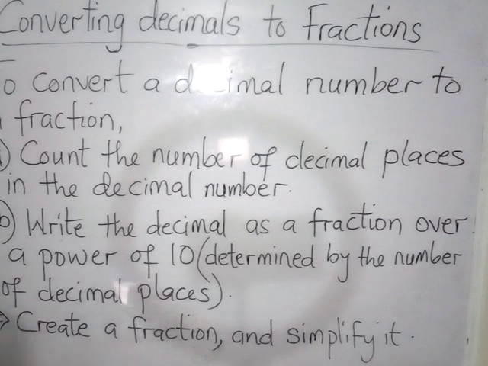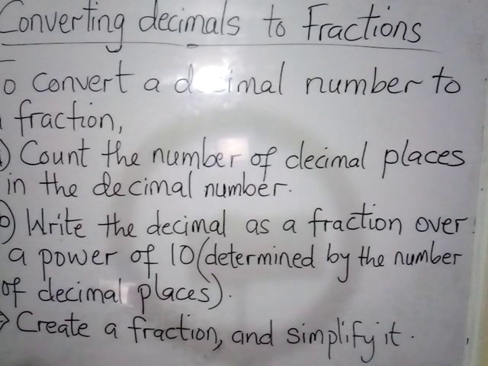Remember, by writing it over a power of 10, you have removed the decimal point. So what you now have at the top is a clear number, a straight number that is looking whole, separated by a horizontal line, and then below you have a power of 10. So that you use to create the fraction, and you simplify it. What does simplify mean? You simply break it down till you can't break it down further.